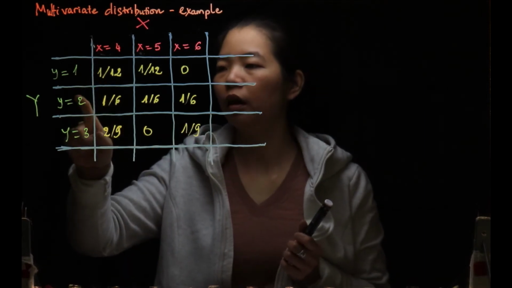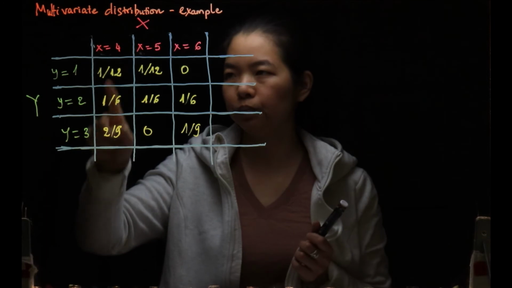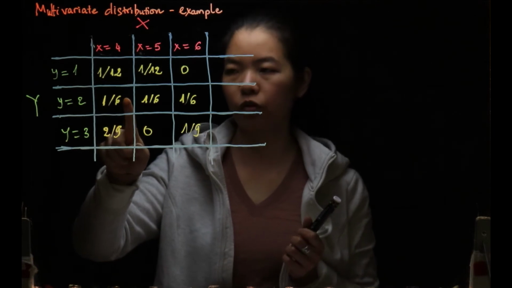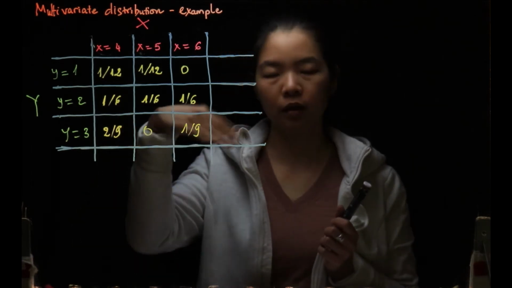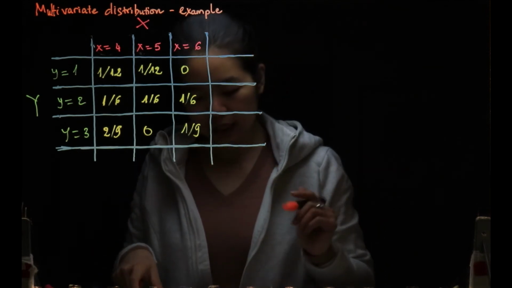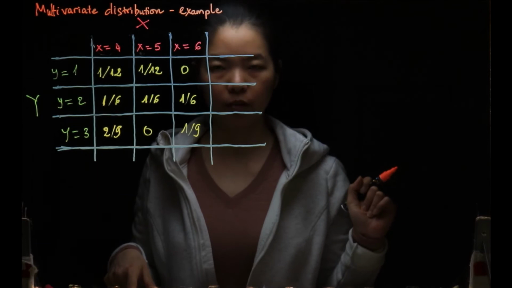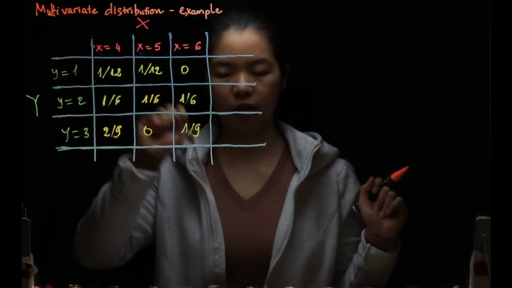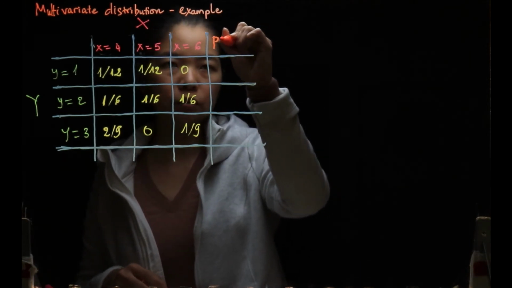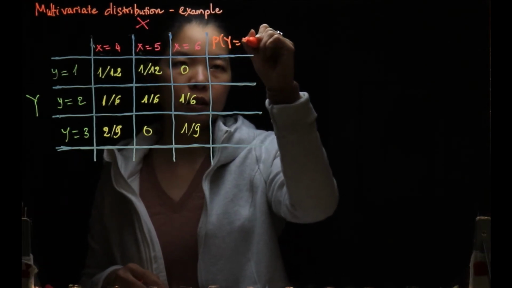For example, if you have the possible combination y equals 2 and x equals 4, the probability that this specific combination occurs is 1/6, right? And similar for all 9 cells. Okay, now let's see how we can derive the marginal distribution of each variable when we're given this. First of all, the marginal probability that y equals a certain outcome.